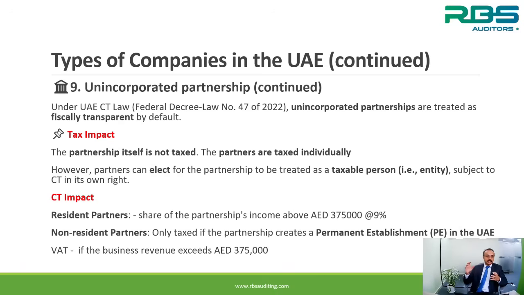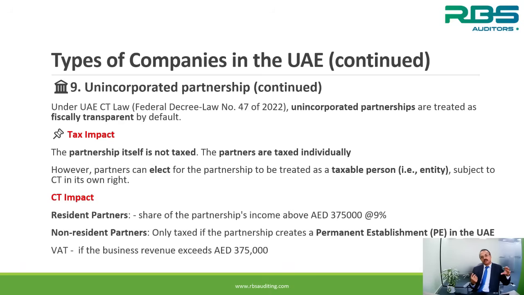So what is the condition relating to CT? If you have a trade license anywhere in the UAE, either offshore or as a mainland company, you must register. But in the case of an unincorporated partnership, you don't have any trade license. So the unincorporated partnership itself is not taxed, but the partners are taxed.